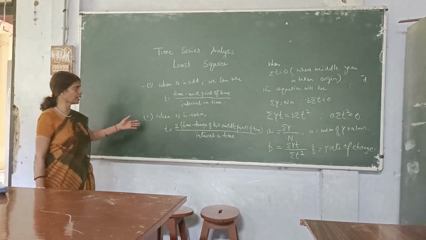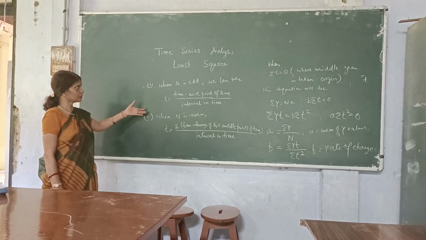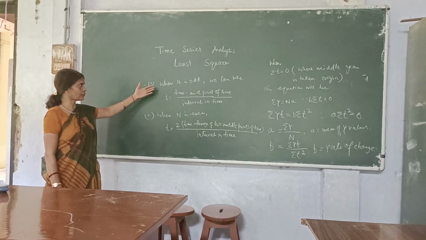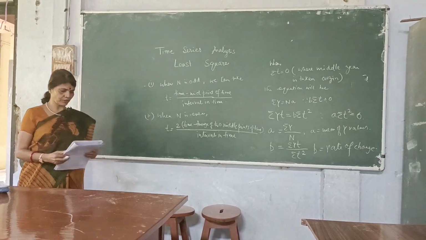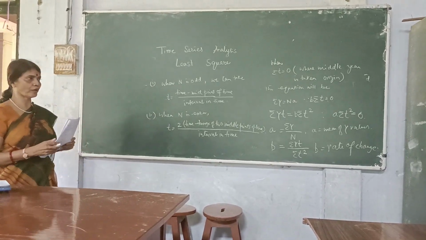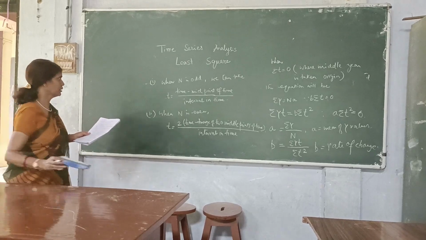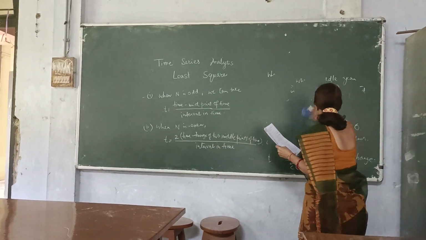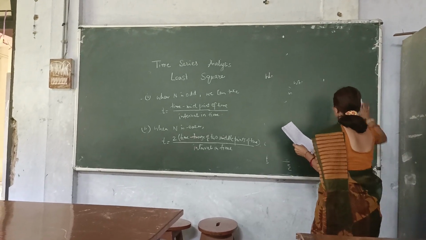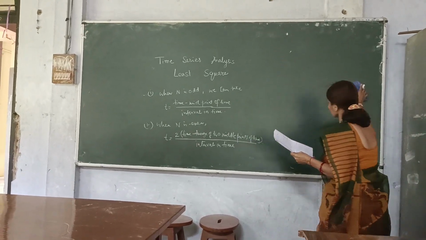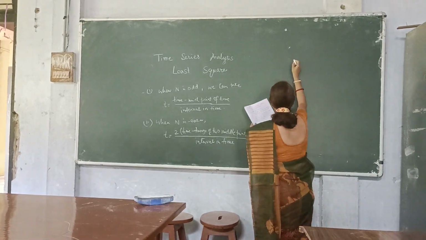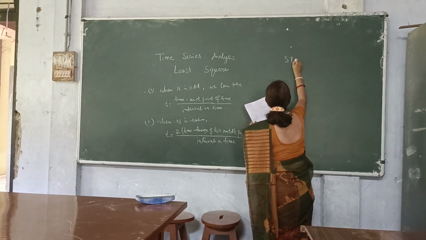So this is the theory behind the calculations of the least square method. Now, the steps to follow. What are the steps to calculate the least square method?